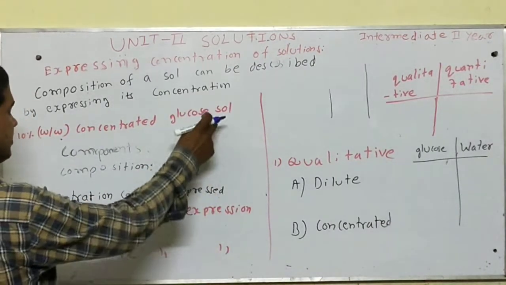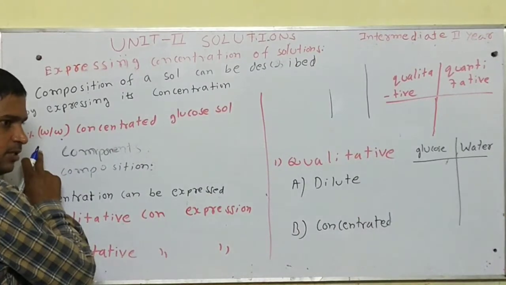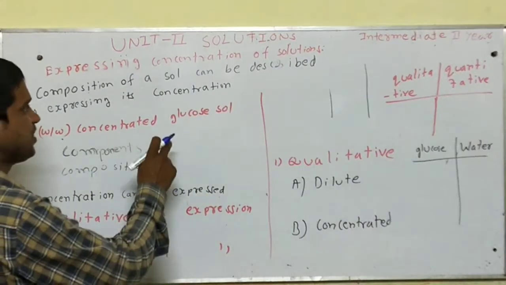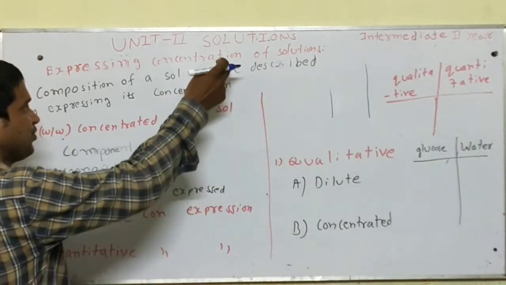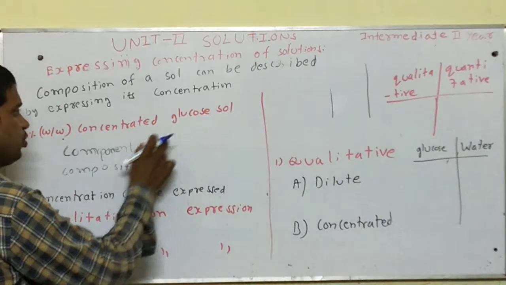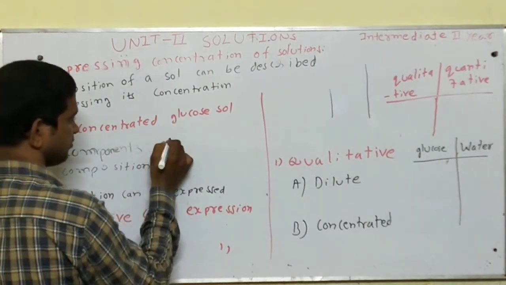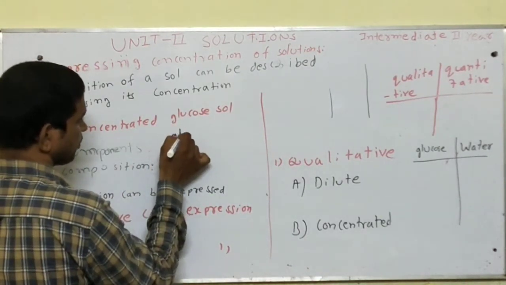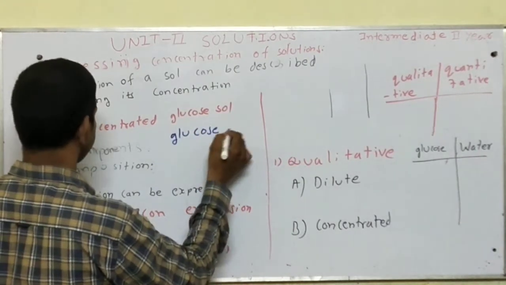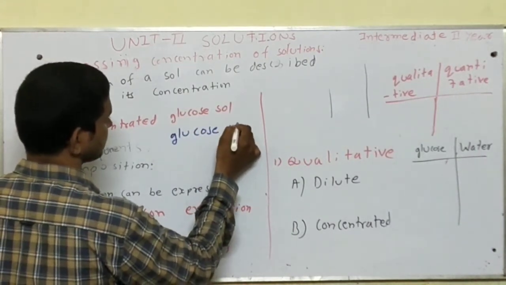Here the concentration is 10% W by W. This concentration describes the composition of a glucose solution. In this we have two components. One is glucose, second one is water.